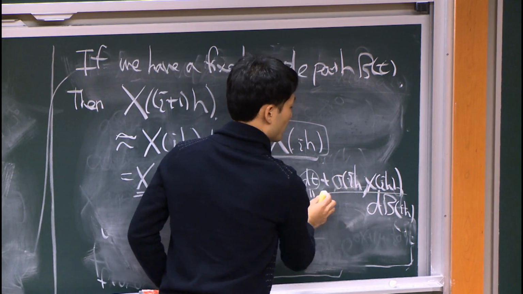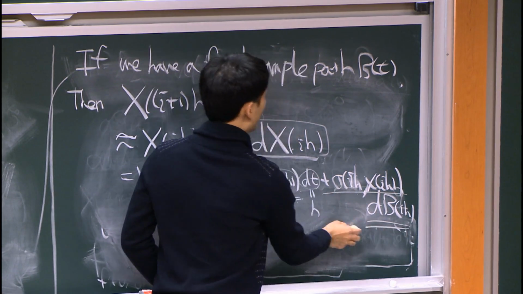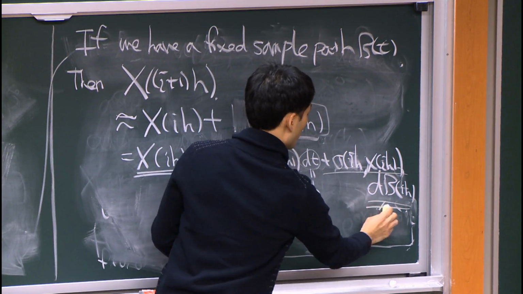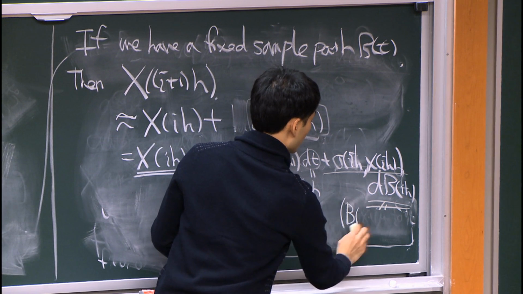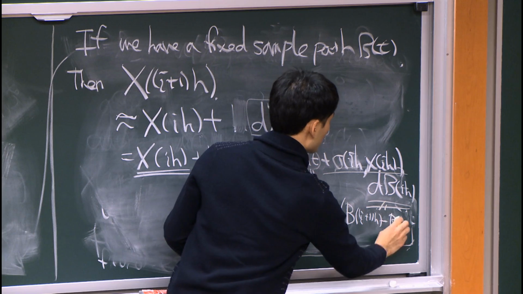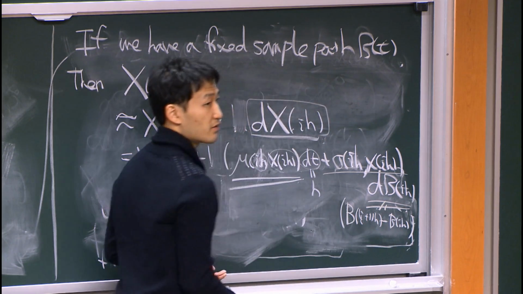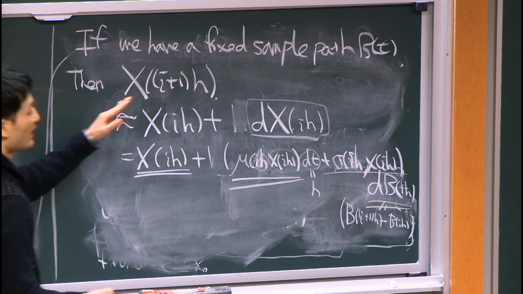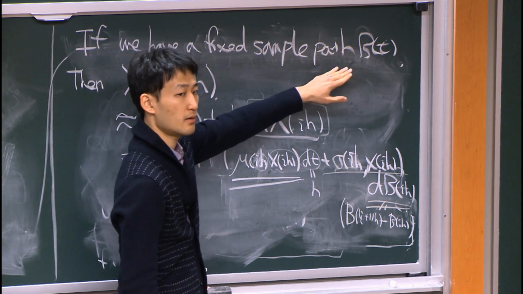Again, sigma can be computed. dB now can be computed from Bt, because we have a fixed path again, we know that it is equal to B of (i+1)h minus B of ih. With this fixed path, it is basically exactly the same.